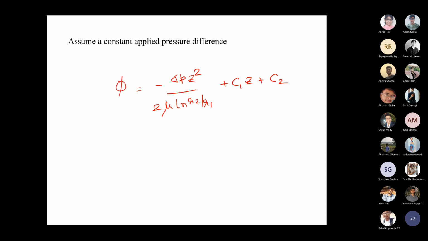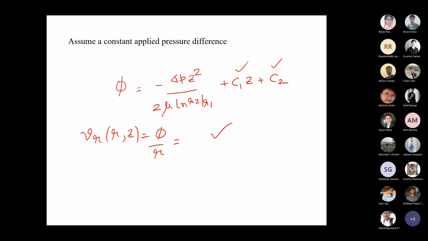And as I mentioned, C1 and C2 can be evaluated by the known conditions. So my VR, which I know is a function of R and Z, is simply phi divided by R, from the equation of continuity.